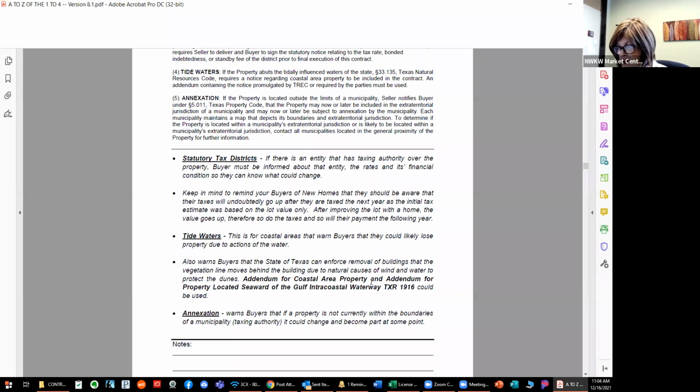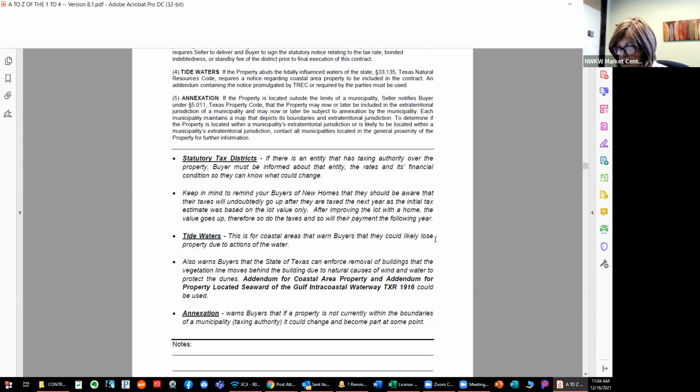So their taxes are going to go way up, and they just need to be prepared for that when they see the tax bill that comes in. Even if they're paying their tax with their payment automatically, it's all in one thing, like PITI, principal, interest, taxes, and insurance, that could be a great big jump next year. It will be. So just let them know that.